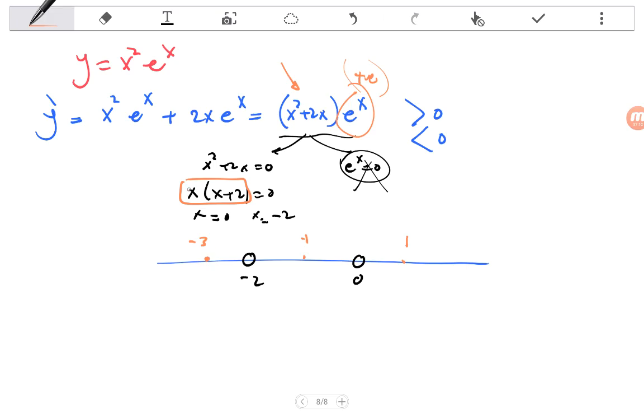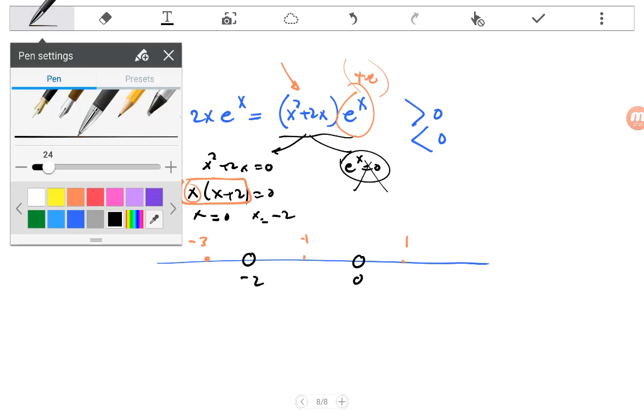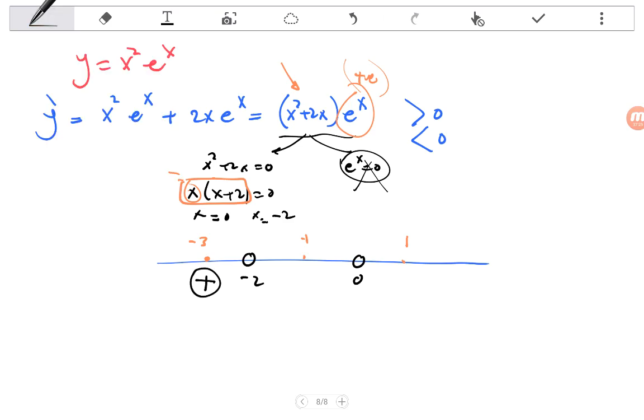For negative 3, x is negative and x plus 2 is negative, and negative times negative is positive. For negative 1, x is negative and x plus 2 is positive, so negative times positive is negative. For positive 1, both are positive, so the result is positive.